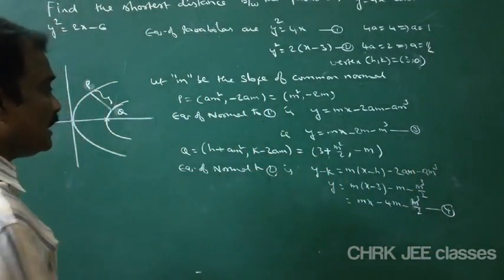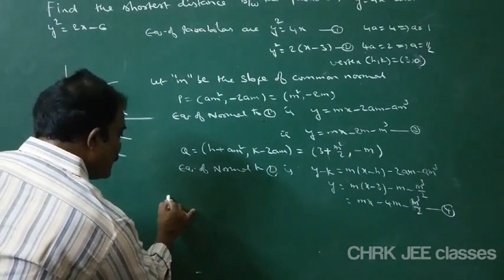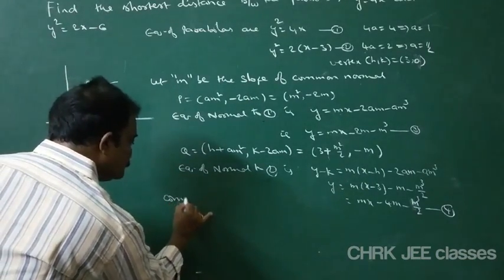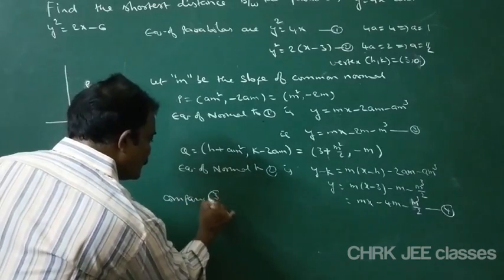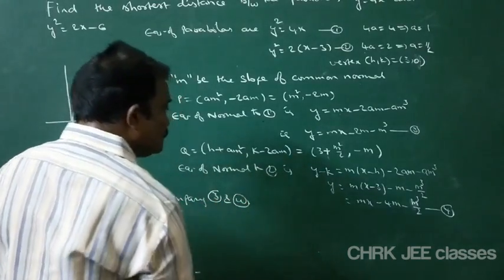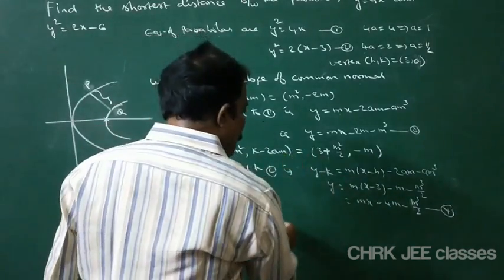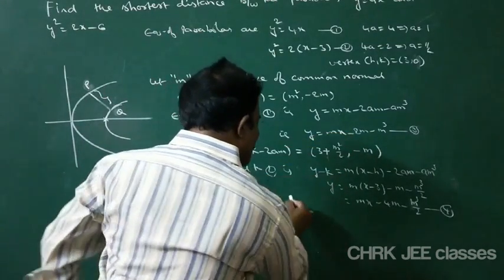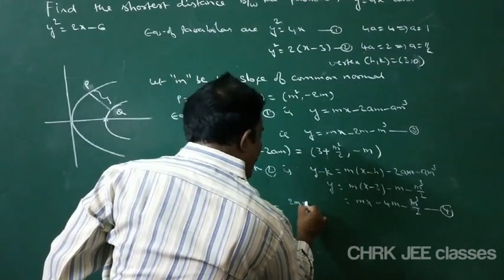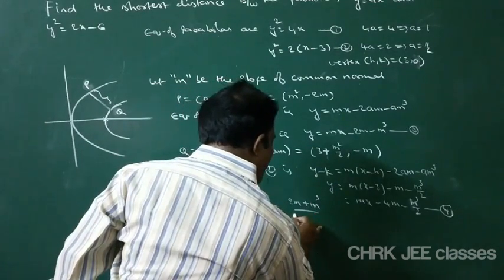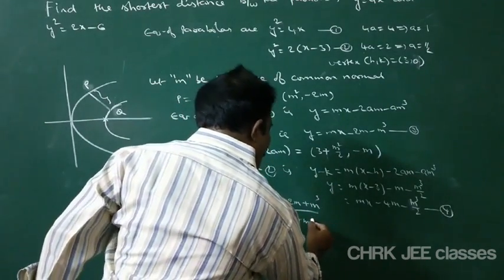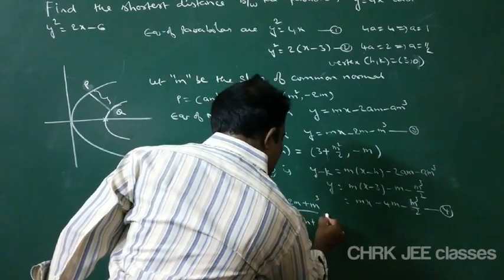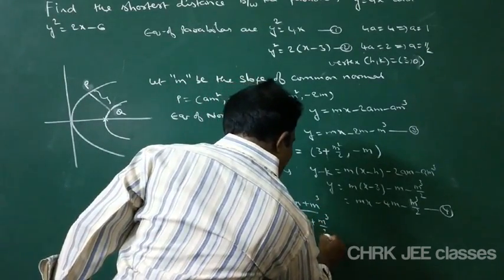By comparing 3 and 4, 1 equals 2m plus m cube by 4m plus m cube by 2.